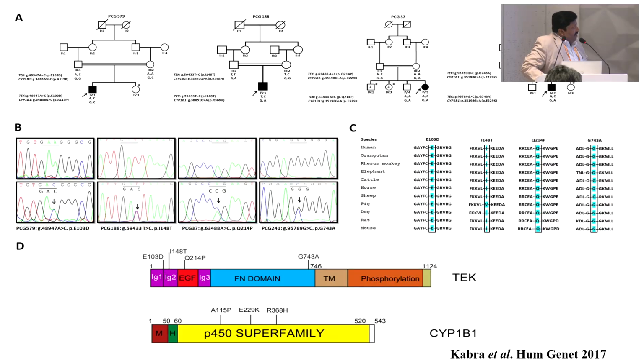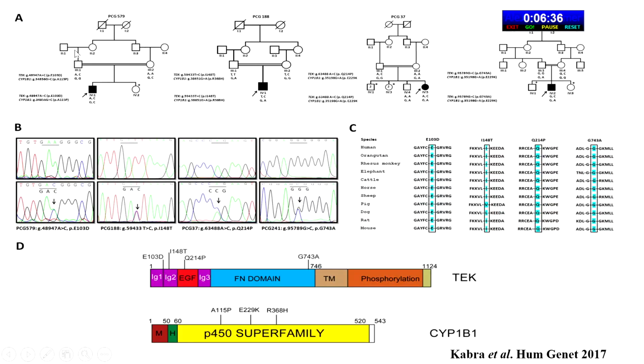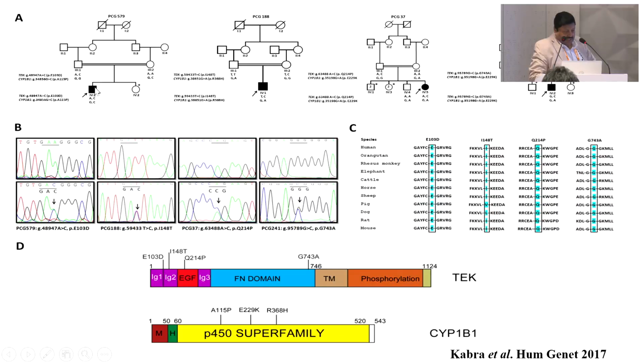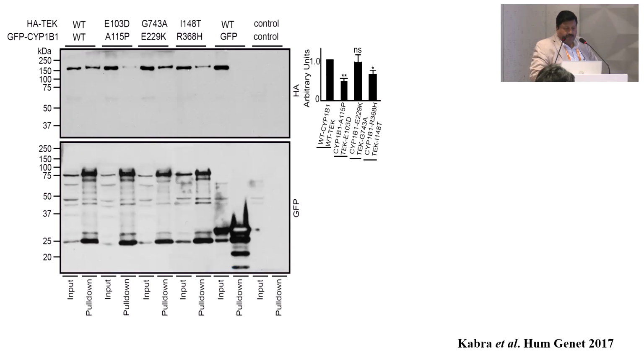Earlier we had shown, in collaboration with Dr. Hemant Khanna, who is here, that digenic inheritance, that is inheritance of 2 different alleles of 2 different genes, could cause congenital glaucoma, and TEK was one such gene involved in a digenic scenario. We also found that depending on where the mutation is, whether extracellular or intracellular, they have different phenotypes. These variations also have corresponding physical interactions.